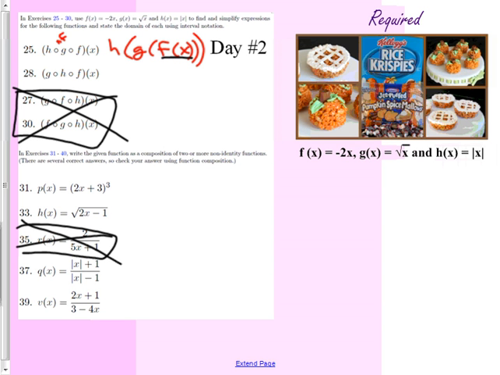You've got to have good eyes. This is really small. F of X is negative 2x. So I'm putting a negative 2x right there. Now it's G of negative 2x. G is this one, so it's the square root of negative 2x. So this becomes H of the square root of negative 2x.